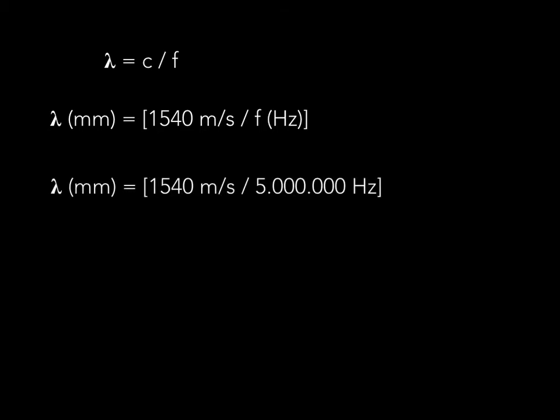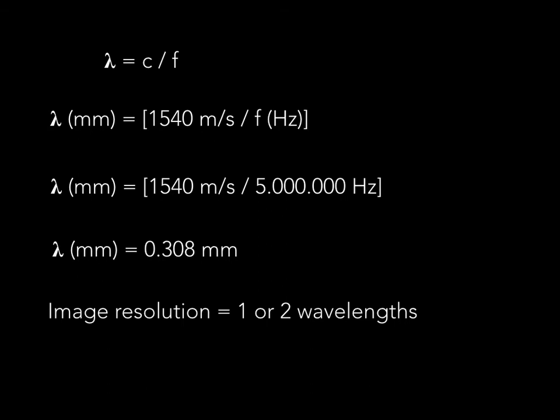For a 5 megahertz transducer, the equation gives 0.308 millimeters for wavelength. Image resolution is in the range of 1 to 3 wavelengths, so in this case, in the range of 1 millimeter.